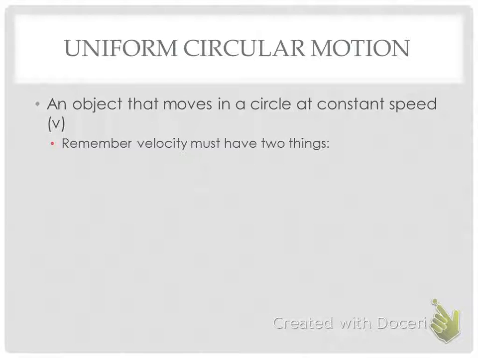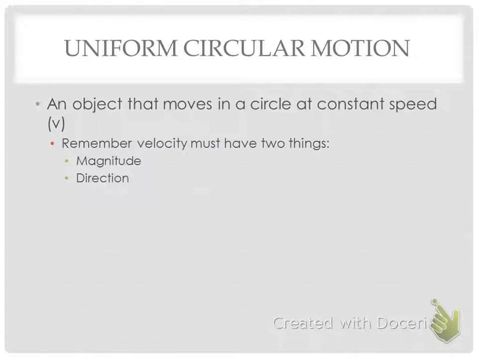We said our objects move at constant speed, but what's the difference between speed and velocity? That's right. Velocity has to have two things, and what are those two things? Magnitude and direction. All vectors have magnitude and direction. So there's our difference between speed and velocity.